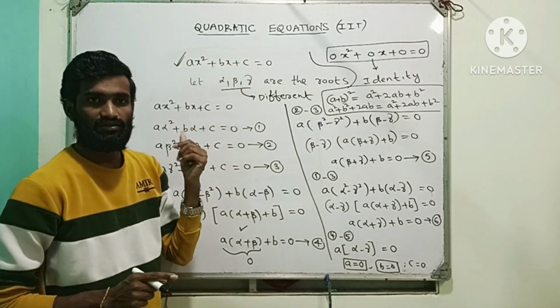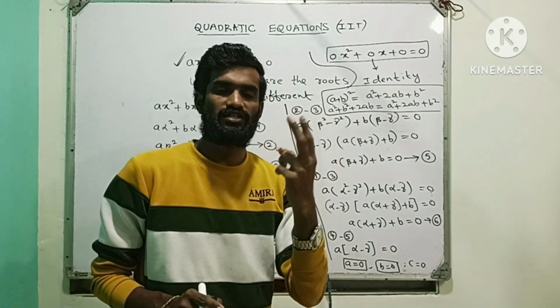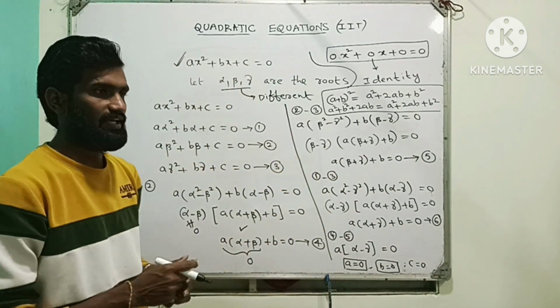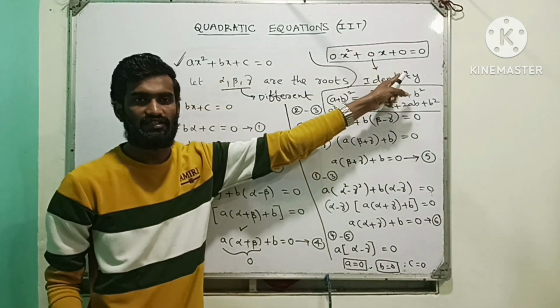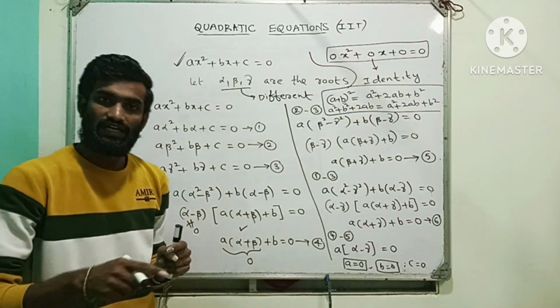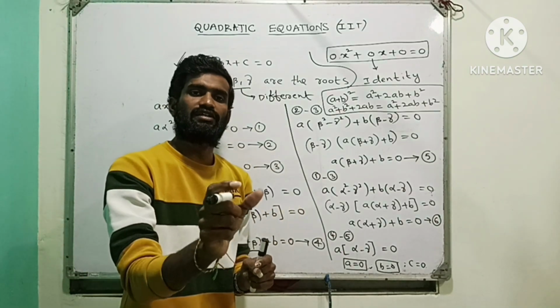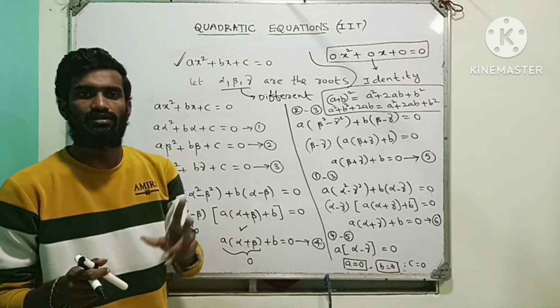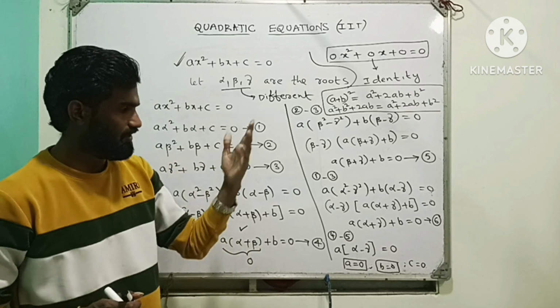This is an equation. For a quadratic equation, only 2 roots exist, because if I take more than 2, it will turn into an identity. So this is an identity, this is an equation. That is the reason why we studied that a quadratic equation has only 2 roots. So this is the main reason. Okay, I hope you got this one.